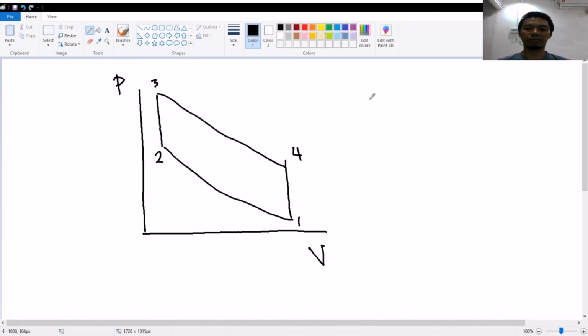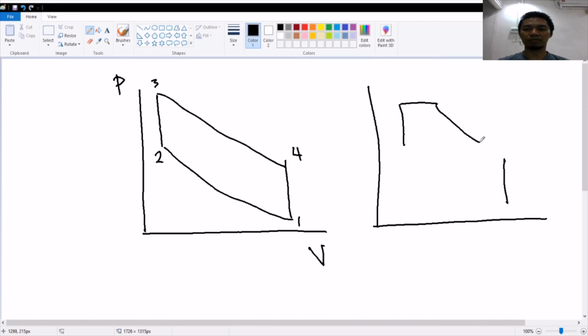It is different from the diesel engine. This is the diesel engine. You have this one, this one, this one, 1, 2, 3, 4, and 5. Oh no, I'm sorry, it's not like this. This is PV.